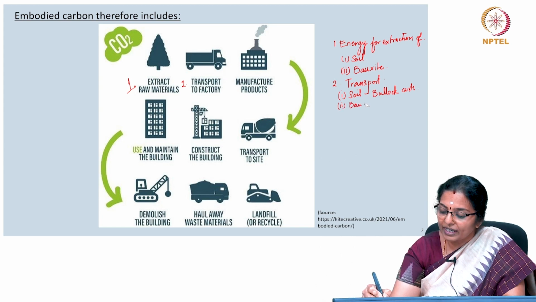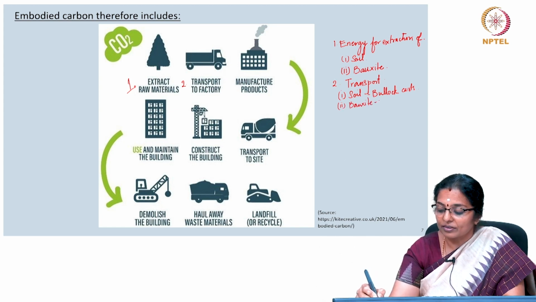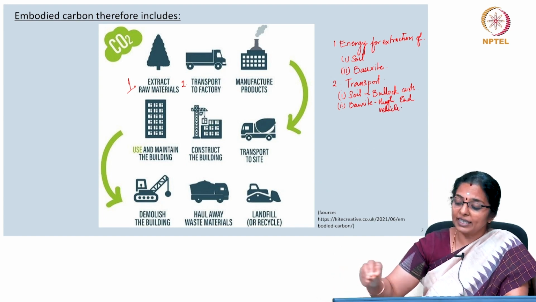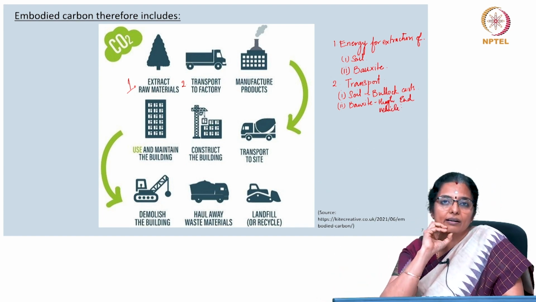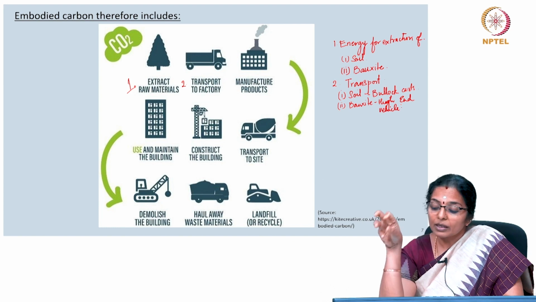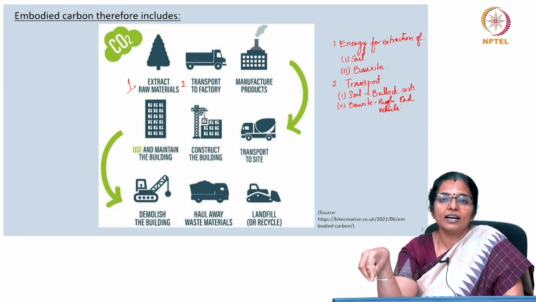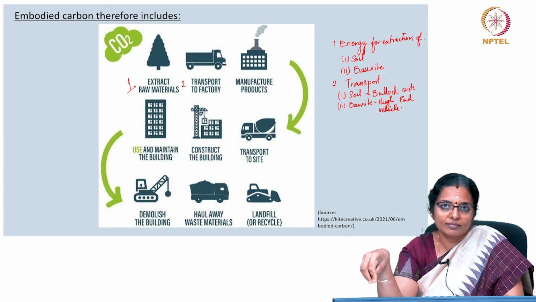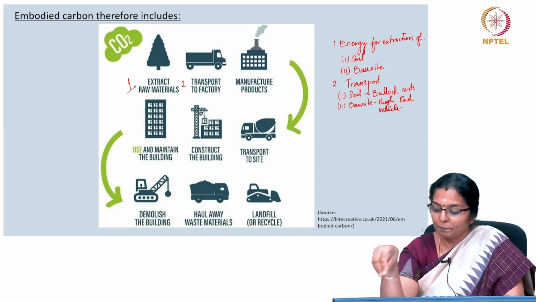So you again need high-end machines, high-end vehicle. Can you imagine how much carbon you have already spewed into the environment between a bullock cart and a high-end vehicle, a truck, a lorry for bauxite?